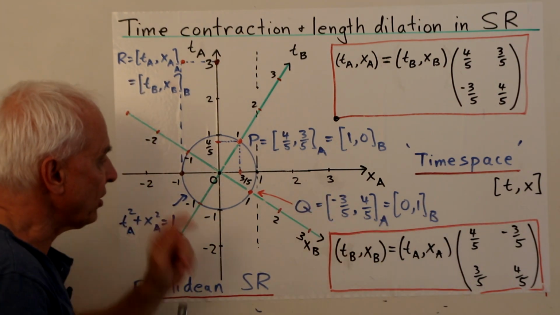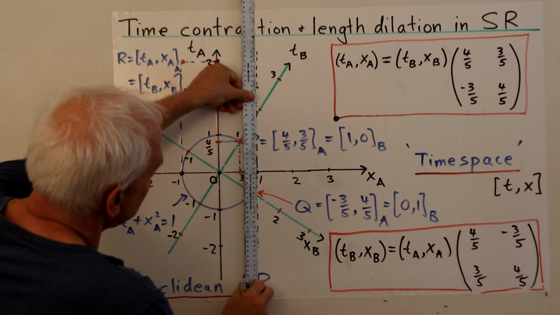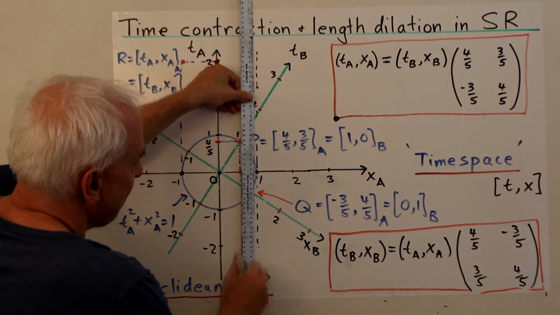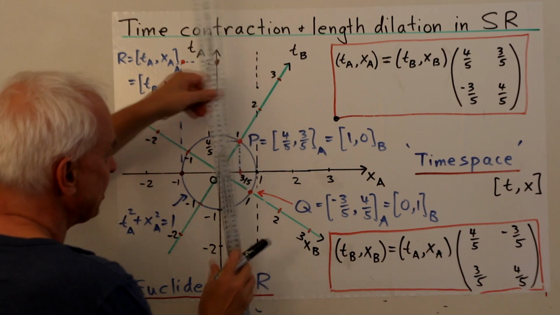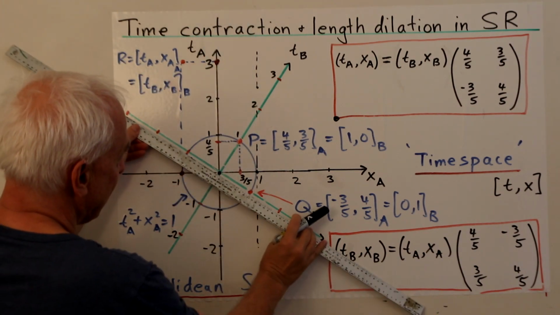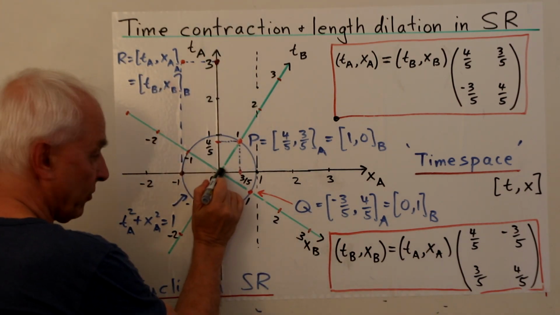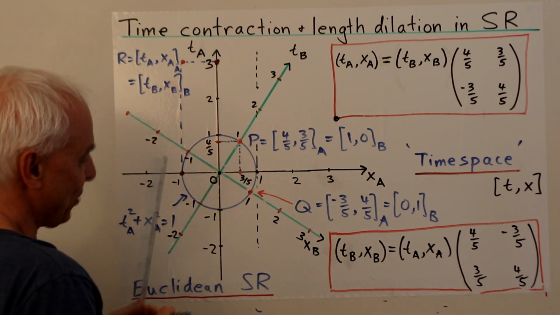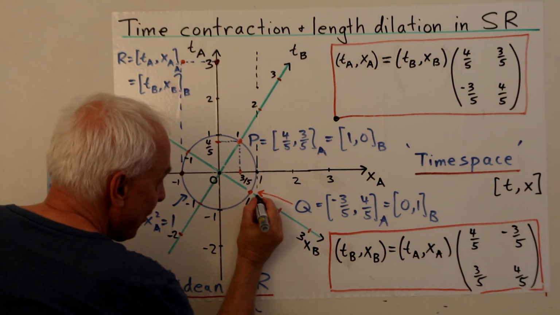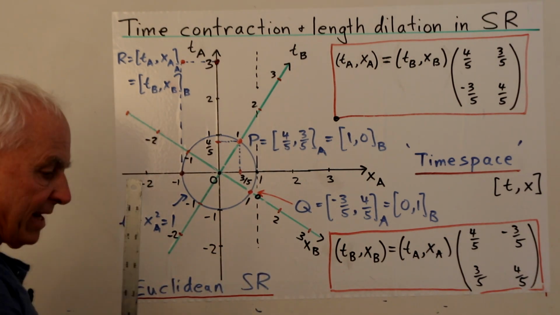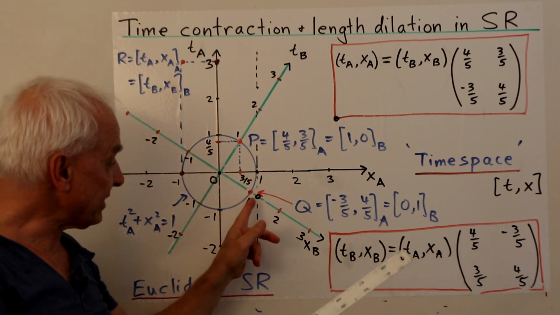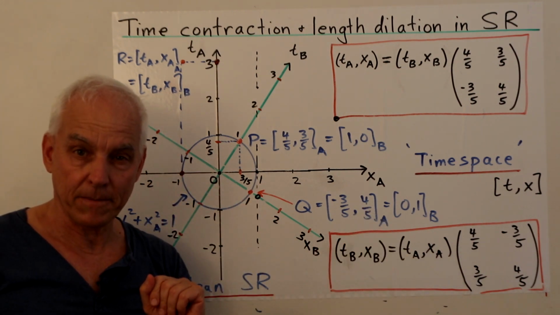What that amounts to is that he has to look on the world line of this ruler at the place where that end of the ruler is going to be at the same time as the beginning of the ruler. So the beginning of the ruler is right there. That's at that time. And so the corresponding other endpoint is going to be simultaneous with the left endpoint exactly at that event there.